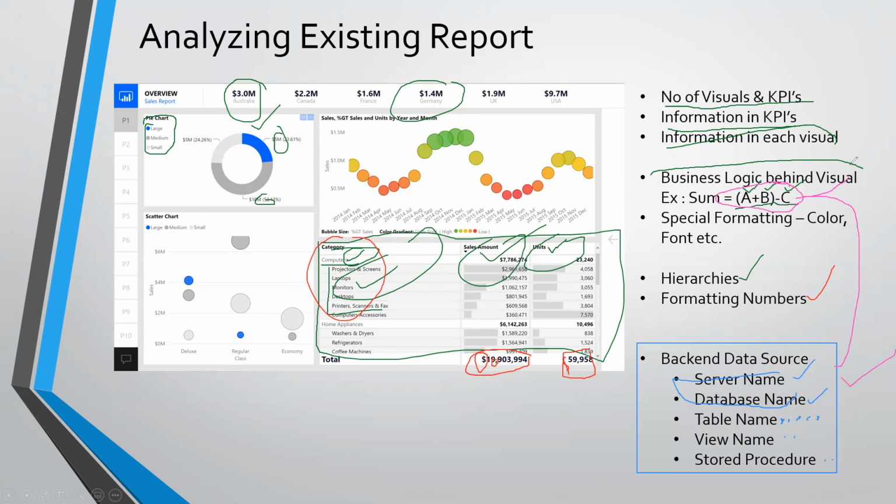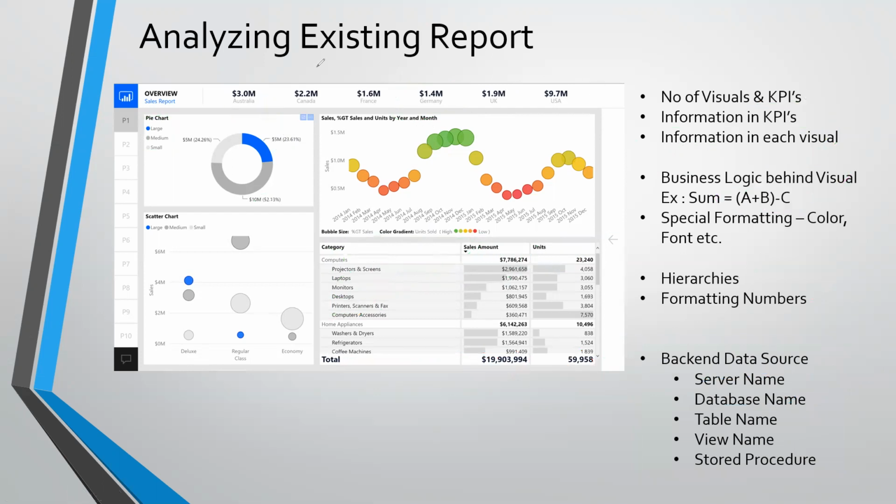And then, based on all the information you have gathered from the visuals, you will be doing a presentation of the data the way we are seeing it here. So this is how you would be analyzing the data from an existing report and then doing the same thing in Power BI. Okay, so moving on to the next slide.